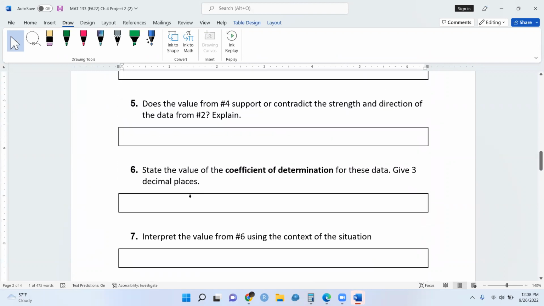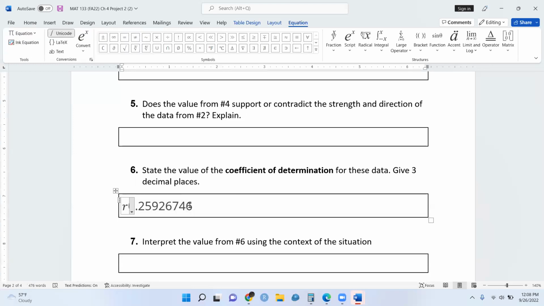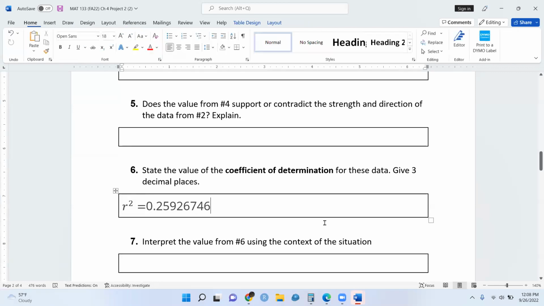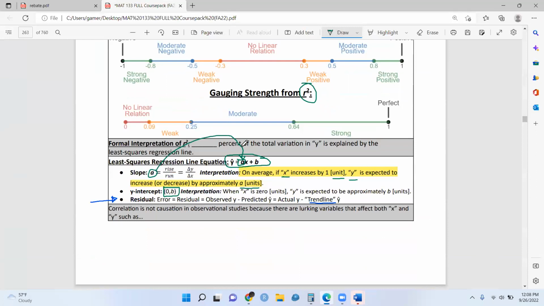And then did you see there where I had the interpretation. This is 3 decimal places, so we don't need any of that. There we go. How do we interpret it? It's right here.